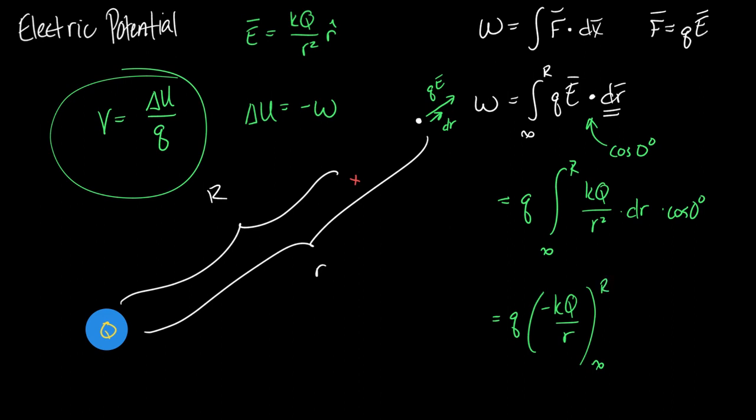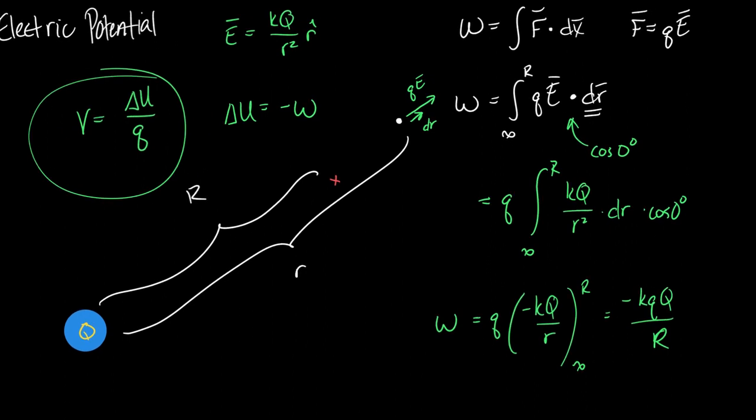And lastly, we get minus KQq over R, capital R, as the work done moving the particle from infinity to here. But the electric potential is minus the work done.